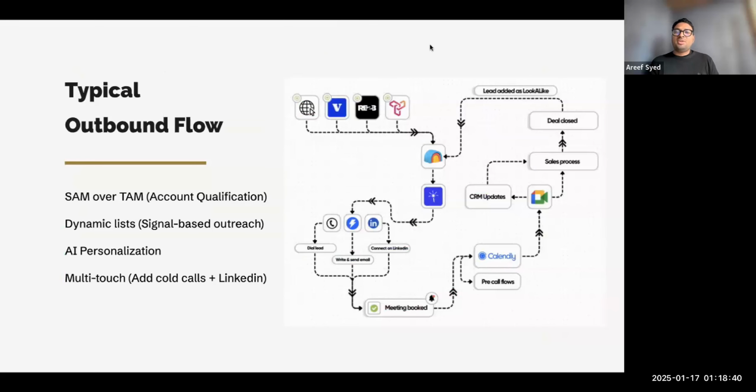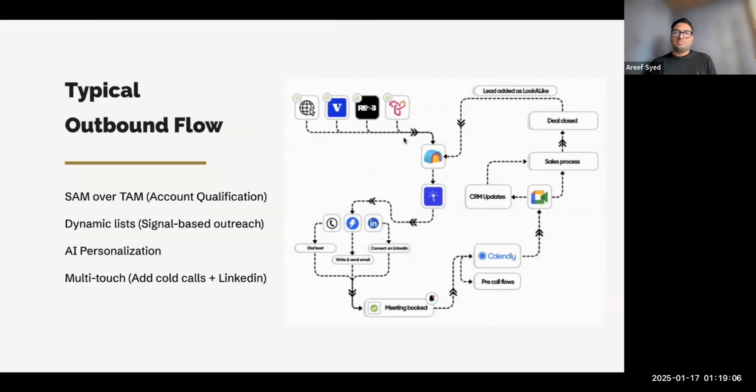Yeah. So now that we have understood how we know whether outbound is good for me or not, imagine that outbound is a great channel for you, and this is how typical outbound would look. You have lists that you have downloaded from Apollo or LinkedIn, or the other signal-based systems that I will get into in a minute.